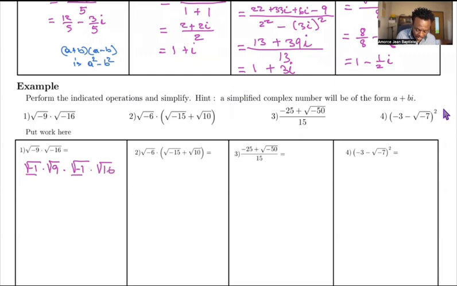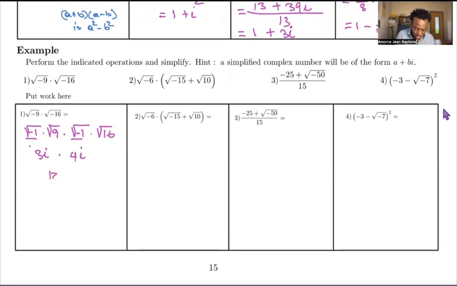So that's i and that's i. So that's i times 3, or 3i. It's 3i times 4i. Agree? So basically that's 12i squared, which is negative 12. And obviously, if you did just multiply this inside of the radical, it would have given you positive 12. So you got to respect the i rule, the rule of a complex number here, in order to get the right solution, which is negative 12.